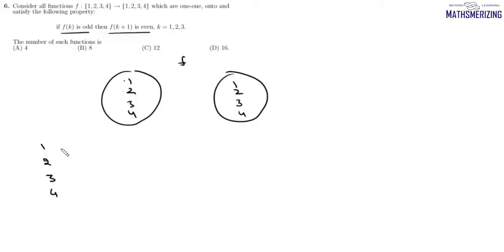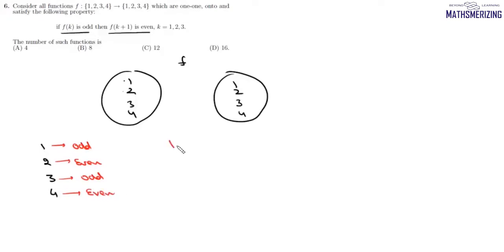Now one possibility is when this 1 is odd. If 1 is odd, then this 2, it must be even. Now this 3, it can be odd. Then this 4th, it will be simply even. So this is one possibility.